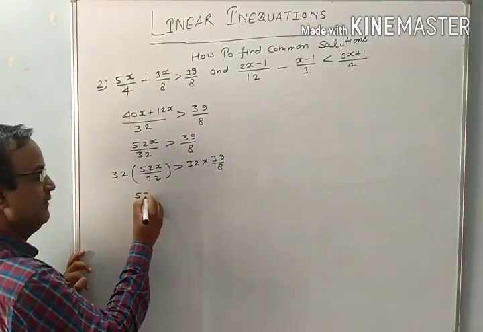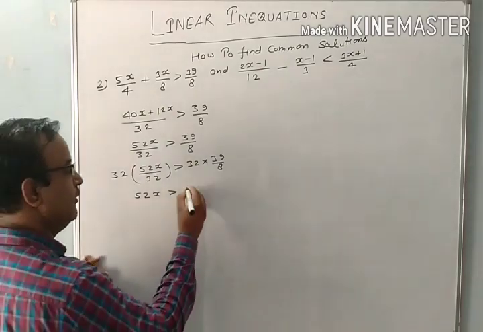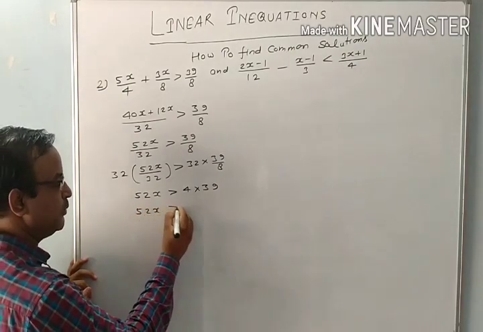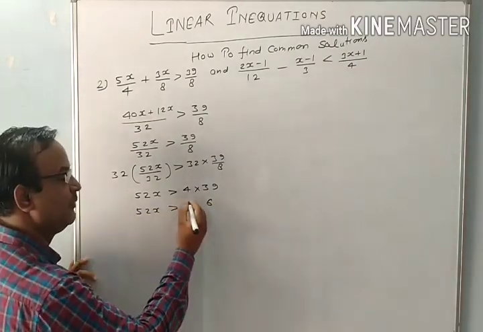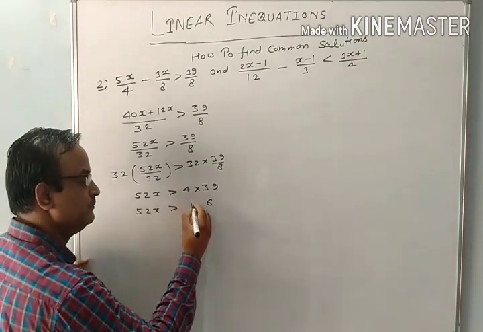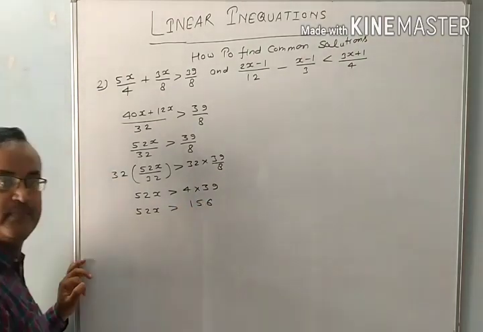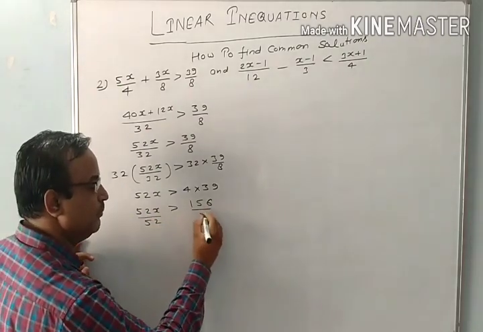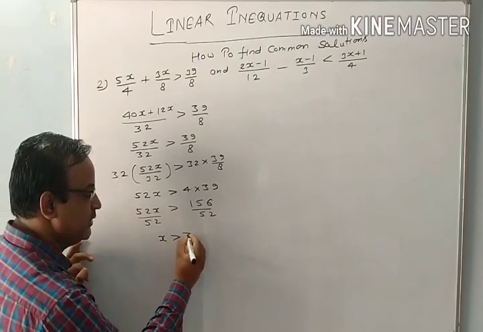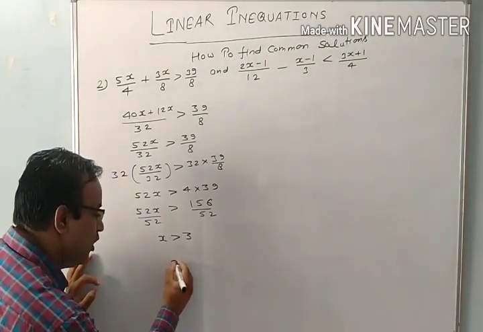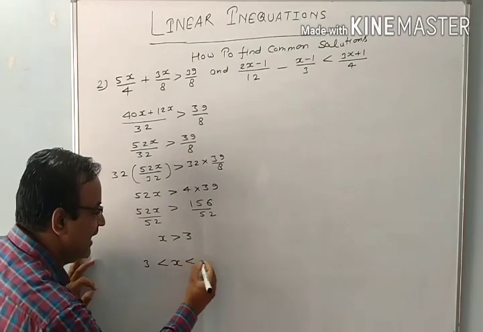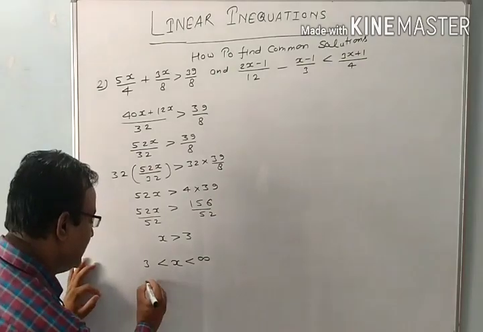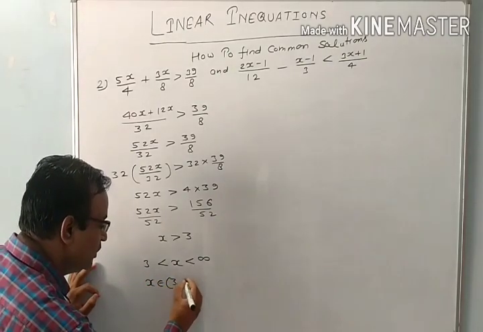So it is 52x is more than 4 into 39. So 52x is more than 156. And now we divide both sides by 52, then the value of x is more than 3. That means the value of x is more than 3 but less than infinity. This is the solution of the first given linear equation. That means the value of x belongs to 3 to infinity.